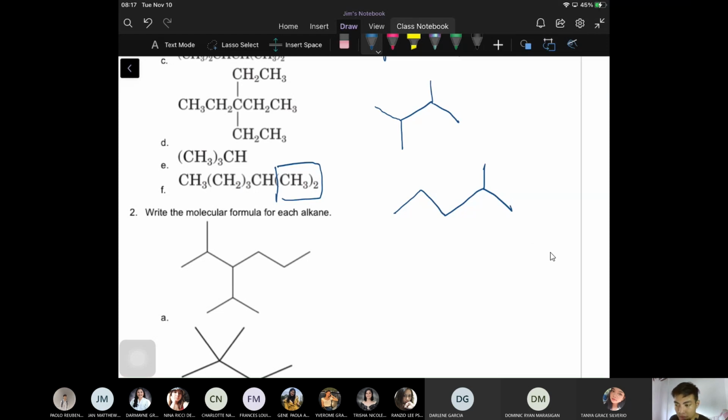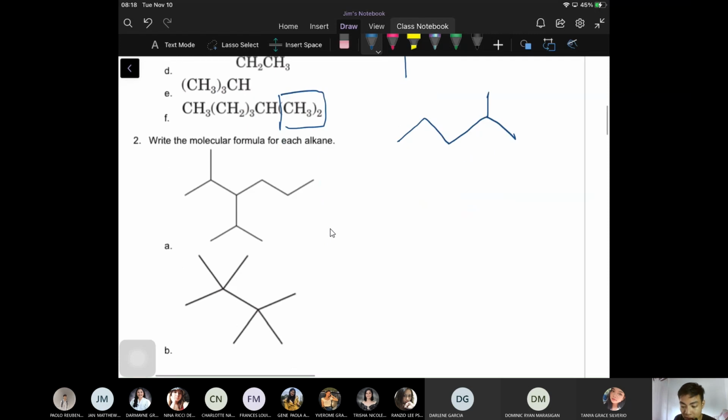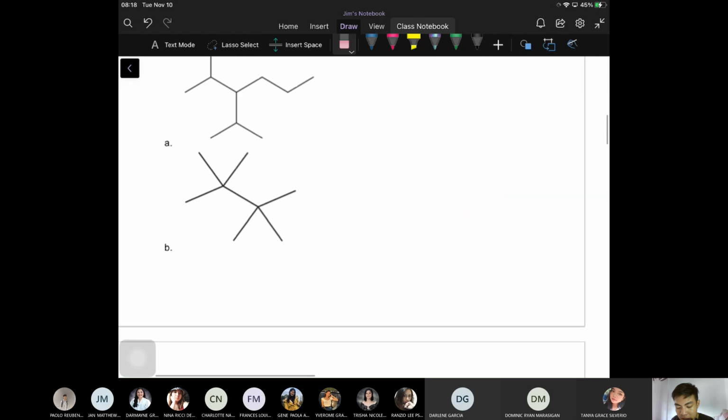So, yun ang mga tips ko sa pag-convert ng inyong condensed structural formula to line angle structures. Important ito kasi baka mamaya dito pa madali sa drawing. Kaya, you have to be careful kung tama ba yung drawing or not. What else?